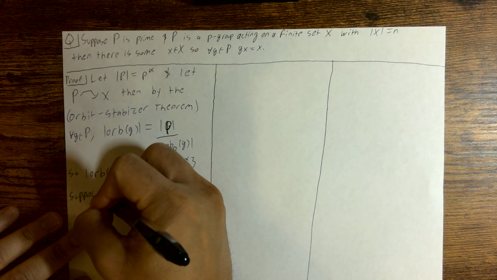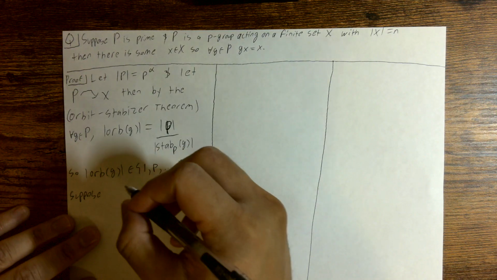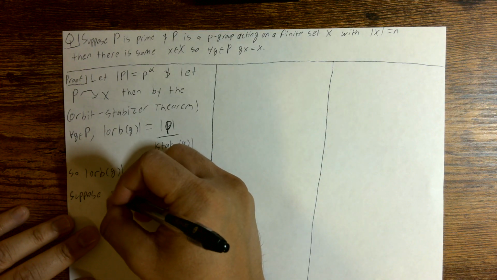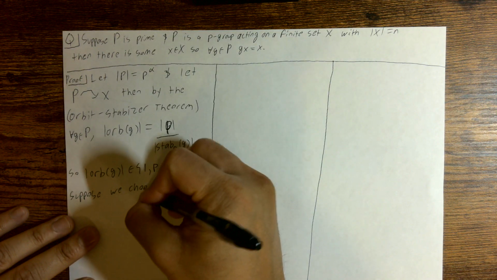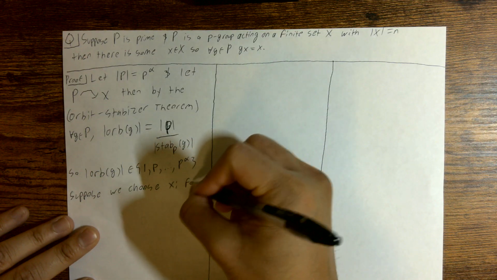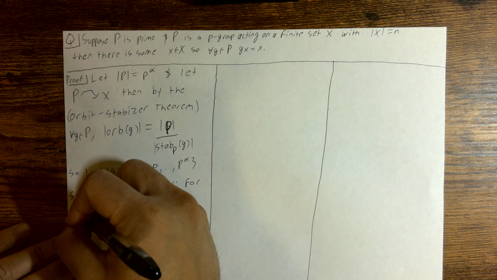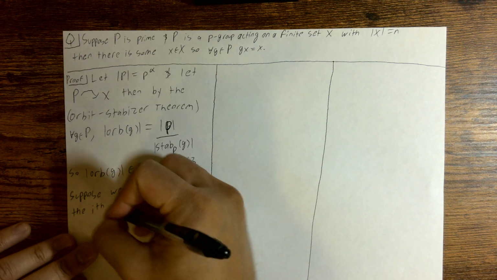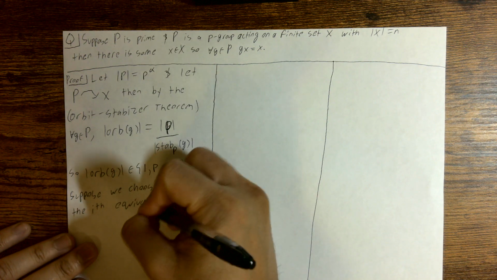Suppose we choose xi for the ith equivalence class.